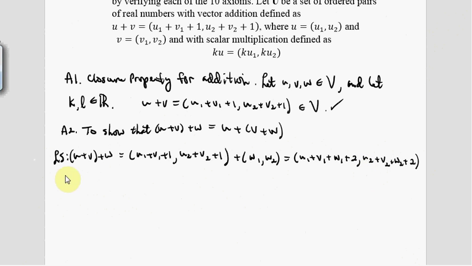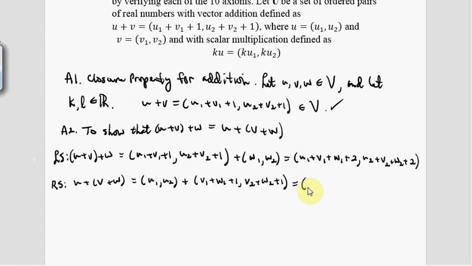Now look at the right side. So this is U plus parentheses V plus W. So here the U is U sub 1 comma U sub 2 plus the V plus W, which is V sub 1 plus W sub 1 plus 1 comma V sub 2 plus W sub 2 plus 1.